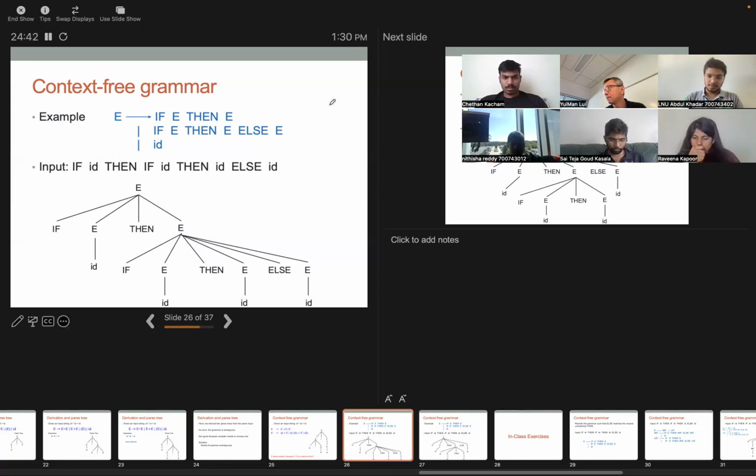It's the same as the input: if ID then if ID then ID else ID. So far, so good? Are we clear?